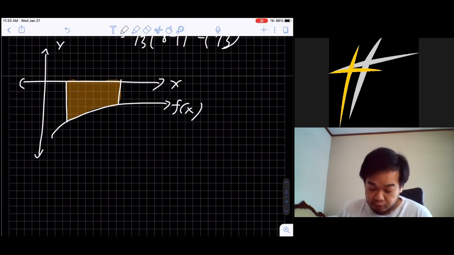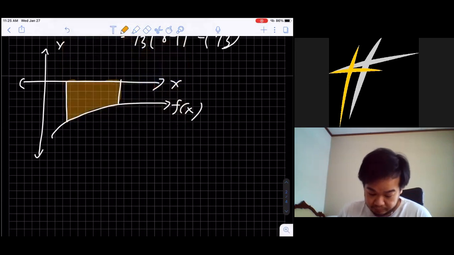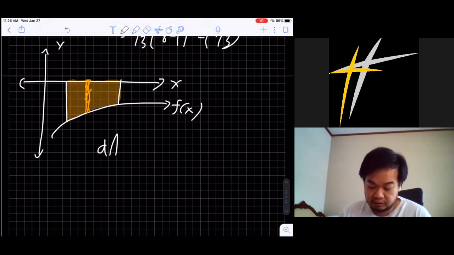Now, if you create a rectangle to represent dA, then dA will again be width times height.